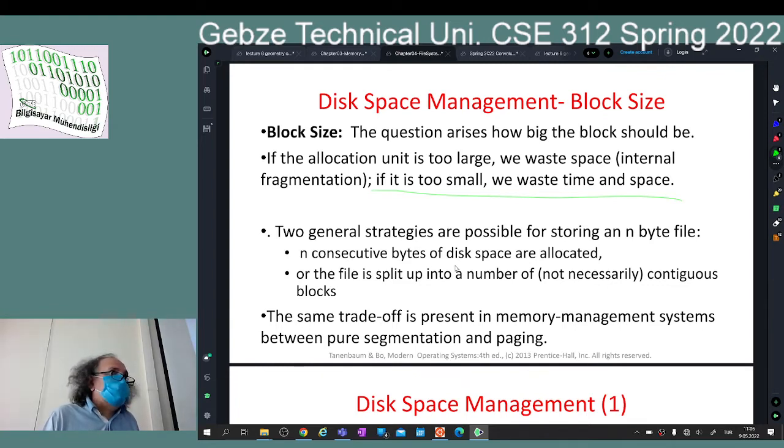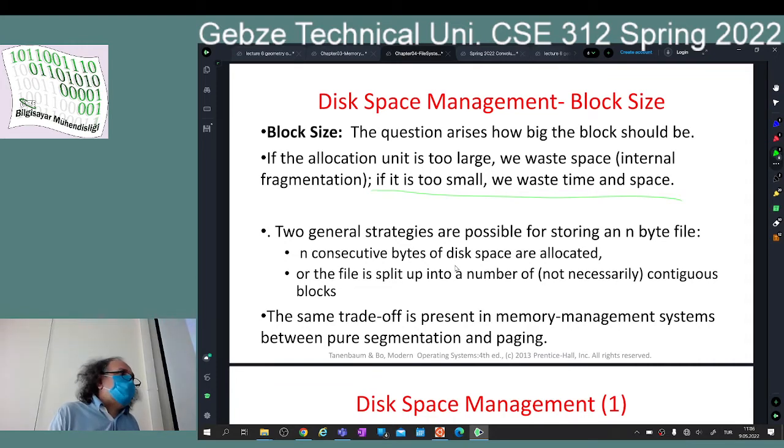Why? Because if you have a one megabyte file and your block size is 4 kilobytes, you are going to have hundreds of blocks in your file. So you need to keep this information somewhere, hundreds of blocks in your inodes, etc. That's going to be a waste of space.